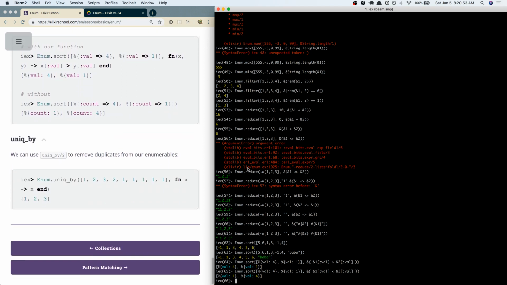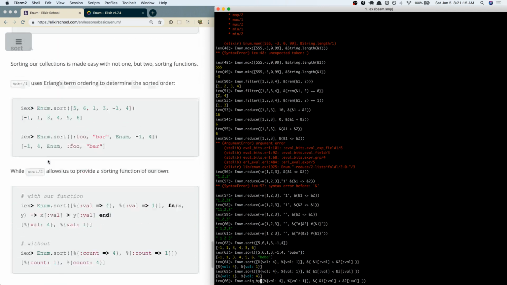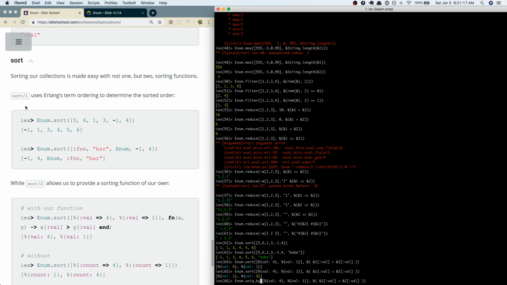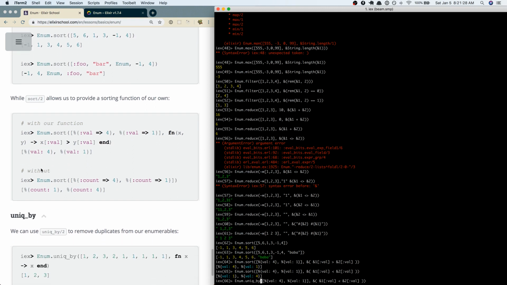uniq_by to remove duplicates of our enumerables. It's kind of surprising, this feels like it should be a sort_by.